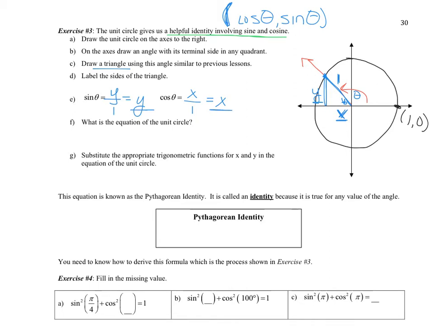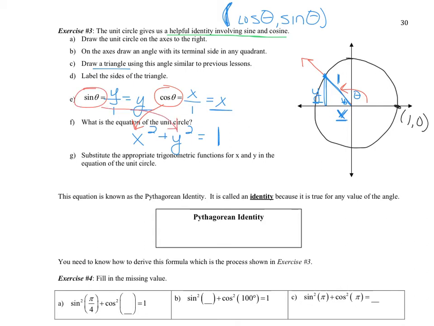So the next step in this identity is to write the equation of the unit circle. You'll remember that because the center is (0, 0), we just have x squared plus y squared, nothing subtracted for the center, and r squared on the other side, radius squared, 1 squared is 1. So to get this Pythagorean identity, what we're going to do is substitute cosine theta for x and sine theta for y.